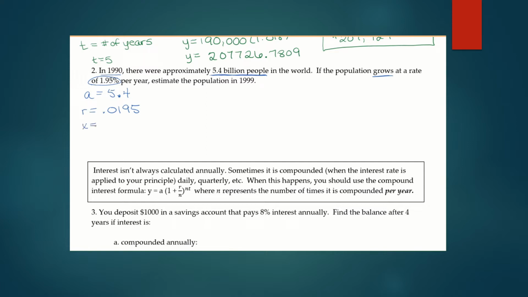Next, our time frame, we're looking at per year, so number of years. And in this case, I am going to stick with X. You're more than welcome to use T, whatever you feel most comfortable with. Okay, let's first put an equation together. 5.4 times 1 plus 0.0195 raised to the power of X. And simplifying this, I get 5.4 times 1 plus, simplify. There we go.